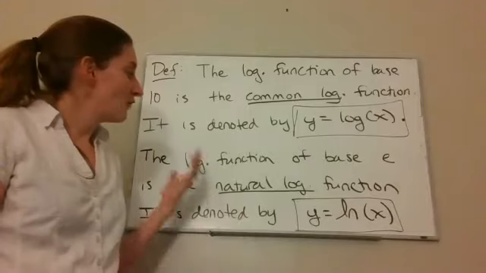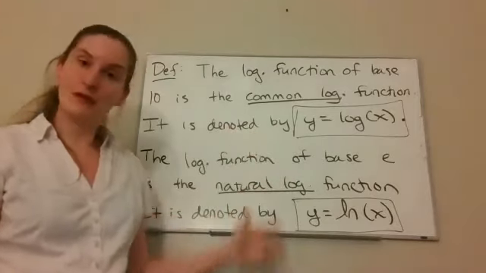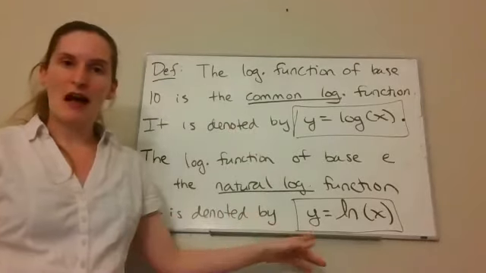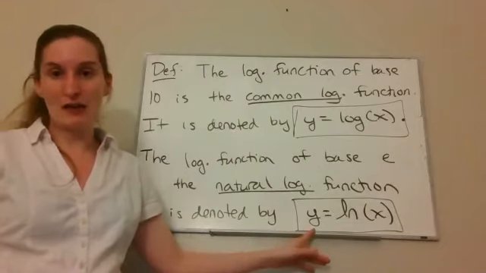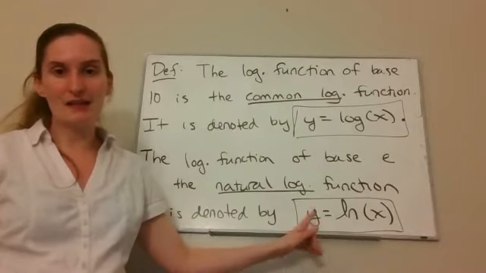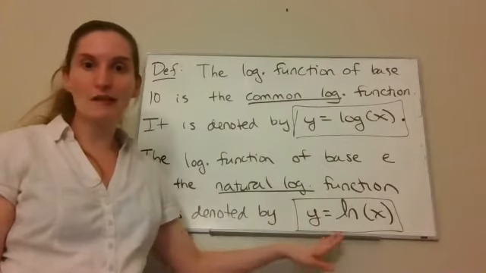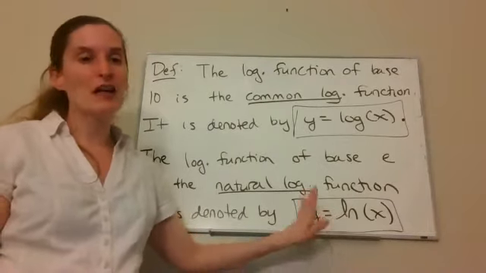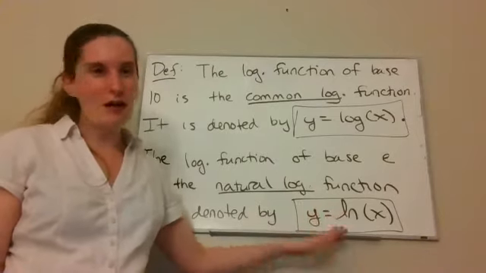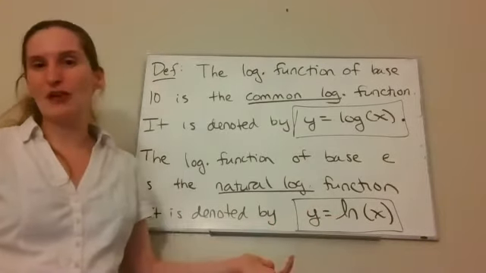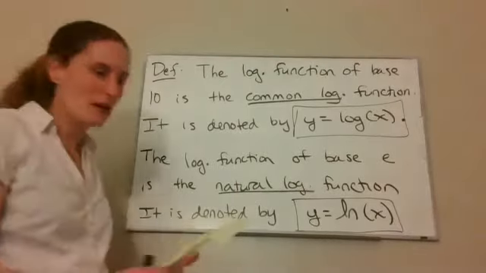I would say if you have to try to develop a preference between the two, I would go for the natural log. If you're going to keep going on in mathematics, this natural log ends up being the most important logarithm of them all. So I would focus mostly on working with the natural log, but I know some other sciences prefer common log. So it's good to know both of them.